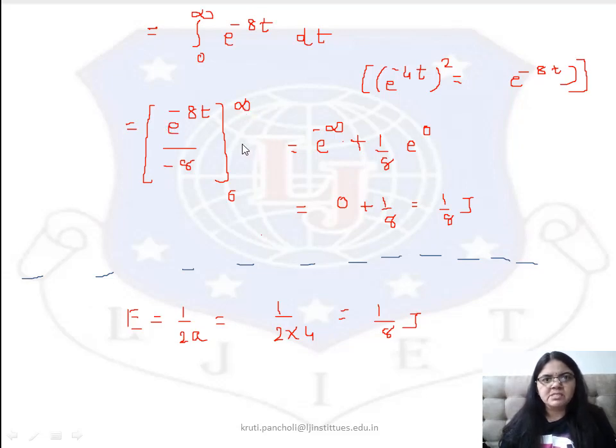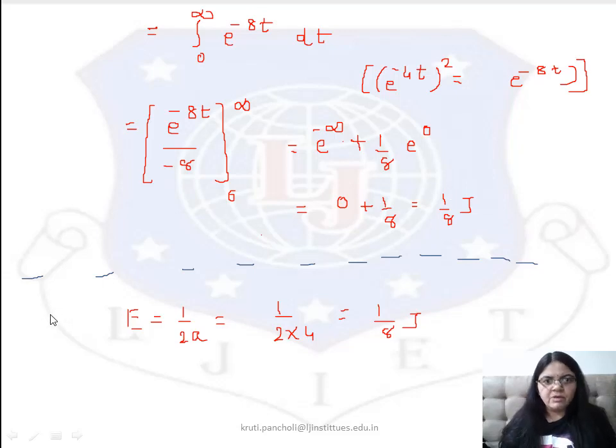At the upper limit, e raised to minus infinity is 0. At the lower limit we have minus minus, so plus, 1 upon 8 e raised to 0, and e raised to 0 is 1, so the answer is 1 by 8. So this is the simple way to find the energy of the function e raised to minus 4t u(t); it is 1 by 8 joule.